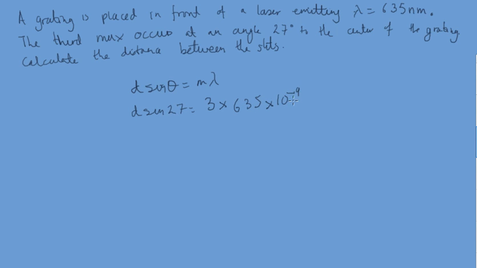Remember, nano is 10 to the minus 9. So rearranging that, we'll get d as 4.1961 times 10 to the minus 6 meters. And if it's minus 6, we would write that as 4.2 micrometers. So I hope that helps.